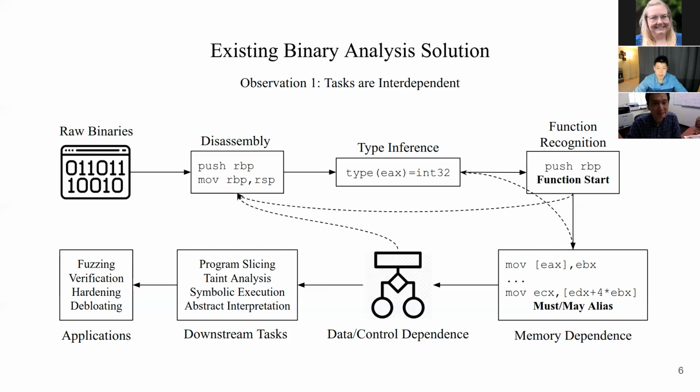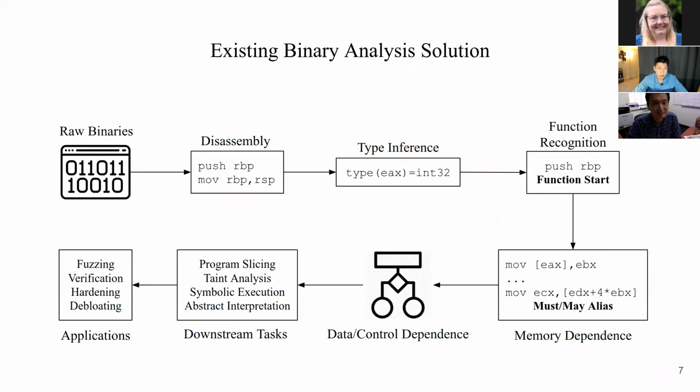Tracking memory dependencies can help the type propagation of variables that get stored in the memory. In addition, in order to infer memory dependencies, some advanced program analysis tasks, such as value set analysis, are often used, and it is based on abstract interpretation. In the end, these binary analysis tasks become largely interdependent, like a spaghetti. However, the inaccuracy in one task can get amplified too.